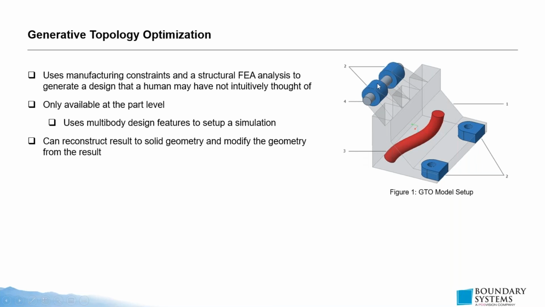You can specify what is preserved, so geometry that must be kept the same. Those are the things in blue. We can exclude certain regions, so geometry will not be created there. And from all of that input, as well as an FEA simulation and your manufacturing constraints, generative topology optimization will generate a design that will satisfy or limit the part mass.